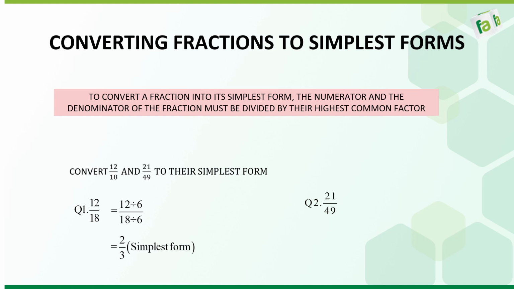For 21 by 49, 7 is the highest common factor. So, we have to divide the numerator and the denominator by 7, which gives the simplest form 3 by 7.